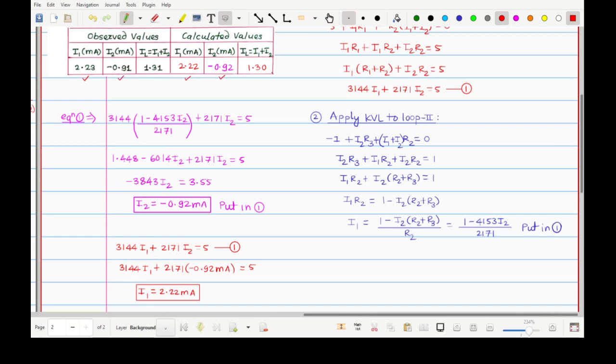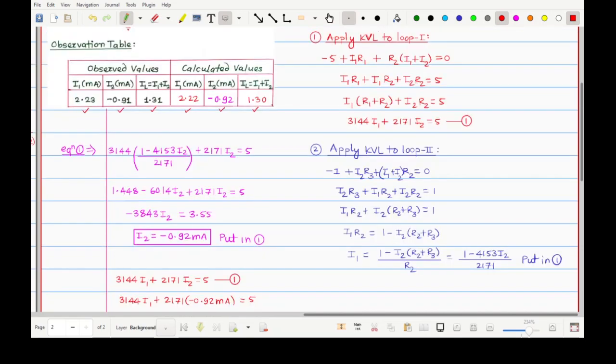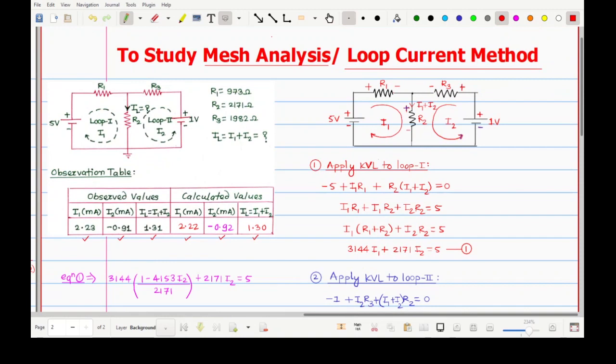And finally, the load current: on paper you are getting 1.30 milliampere and experimentally 1.31 milliampere. If you compare your theoretical results with experimental results, you can observe almost the same values. So in this way you can say that you have verified the mesh analysis.